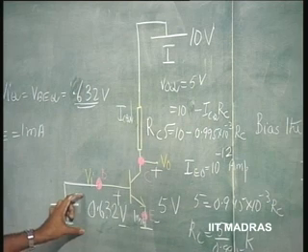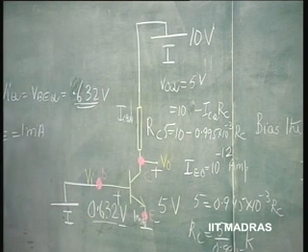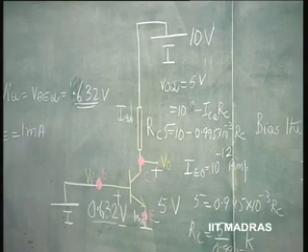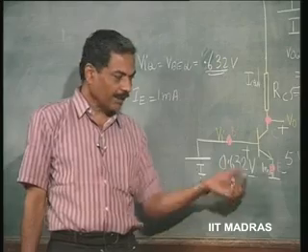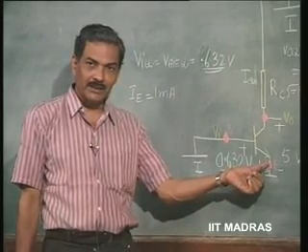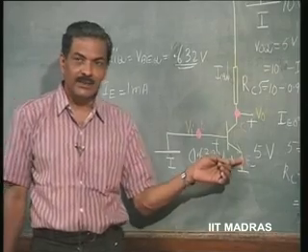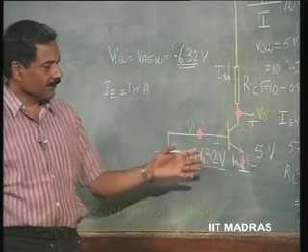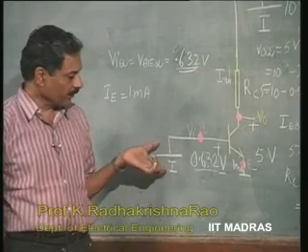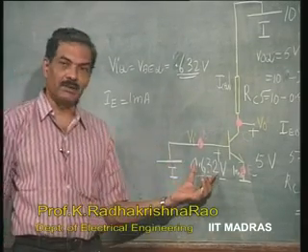Therefore, biasing by using a voltage like this is a very unstable way of biasing a transistor, because a small variation in this voltage will cause a large variation in this current. So biasing this in a stable manner by using a voltage source here is very difficult. This is an unstable way of biasing.